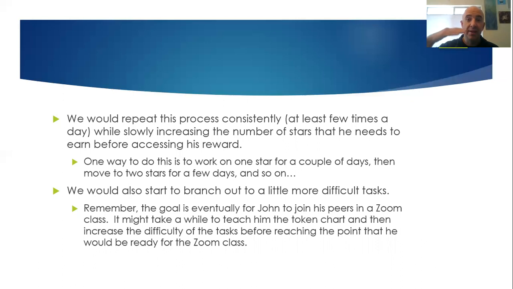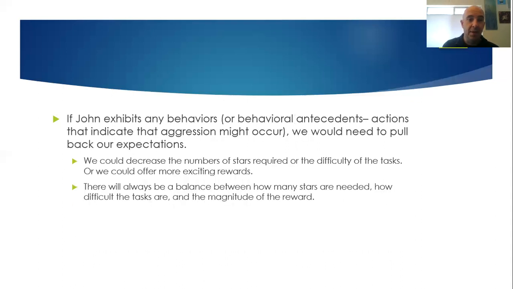You're slowly inching up how many icons, how many stars, how many tokens, and you're slowly inching up the difficulty of the tasks or the length of time the tasks require to complete.